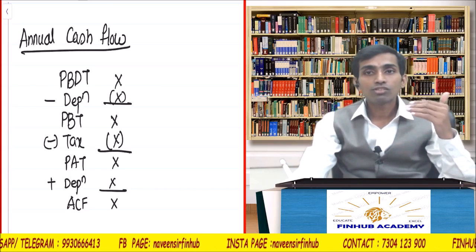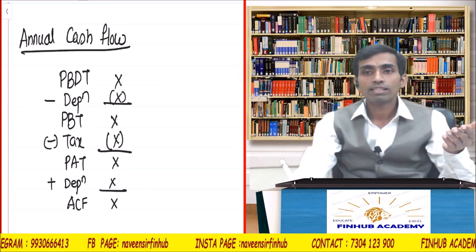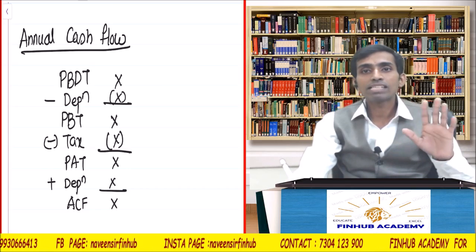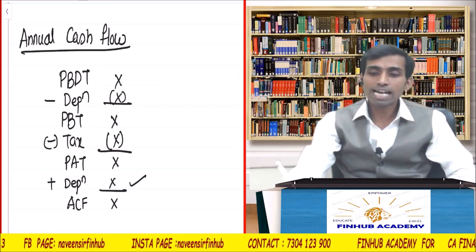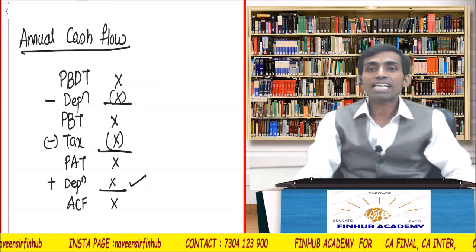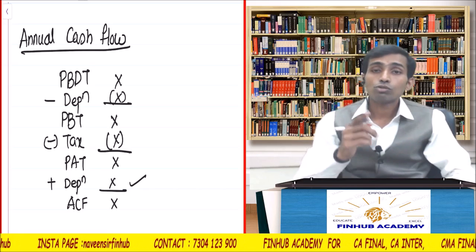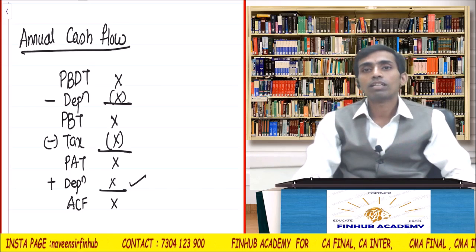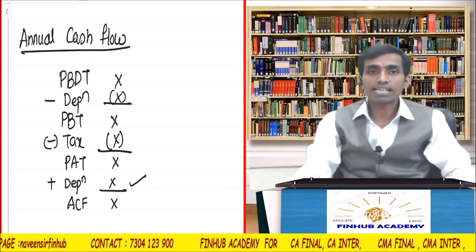But when I charge depreciation to PNL, it's a non-cash expense, so it should be added back. Also, depreciation is tax deductible, so it should be deducted before calculating the tax.